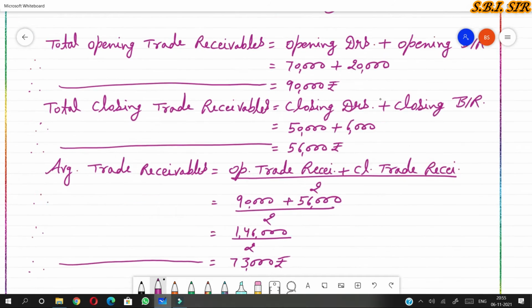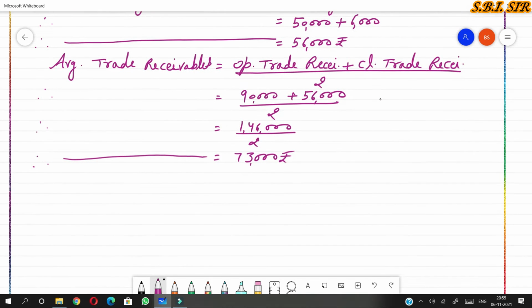Next we have to find out collection period in days.